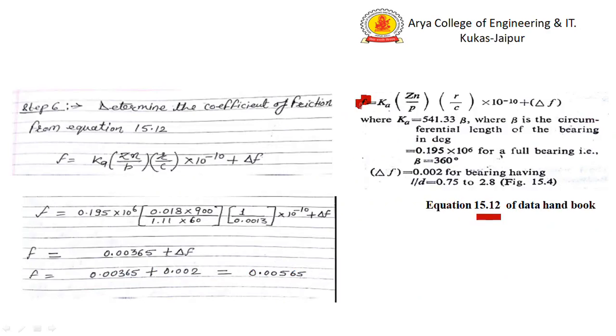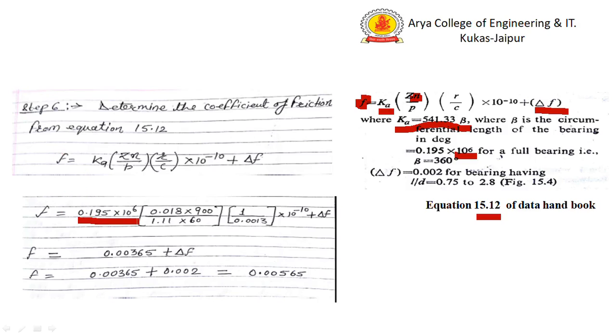The coefficient of friction is Ka Zn by P times R by C, multiplied by 10 raised to minus 10, plus delta F. Ka depends on the contact angle beta, and for a full journal bearing the value of Ka is 0.195 multiplied by 10 raised to 6. Small n is the RPS, revolution per second.